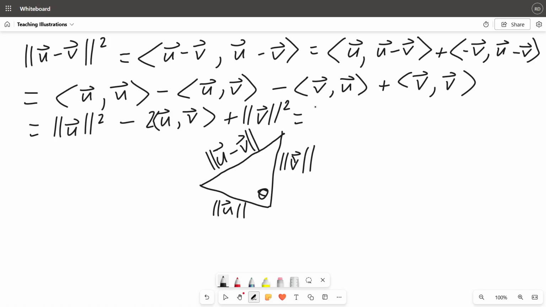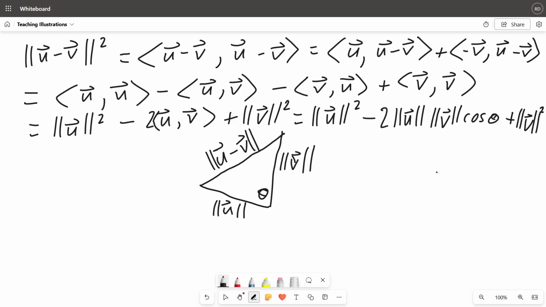And then we can say, well, I know that the inner product of u and v over the norm of u times the norm of v would equal the cosine. So I can replace the inner product of u and v with the norm of u, norm of v, cosine theta. So it'd be 2 norm u, norm v, cosine of theta plus norm v squared. And this is the law of cosines from trigonometry.